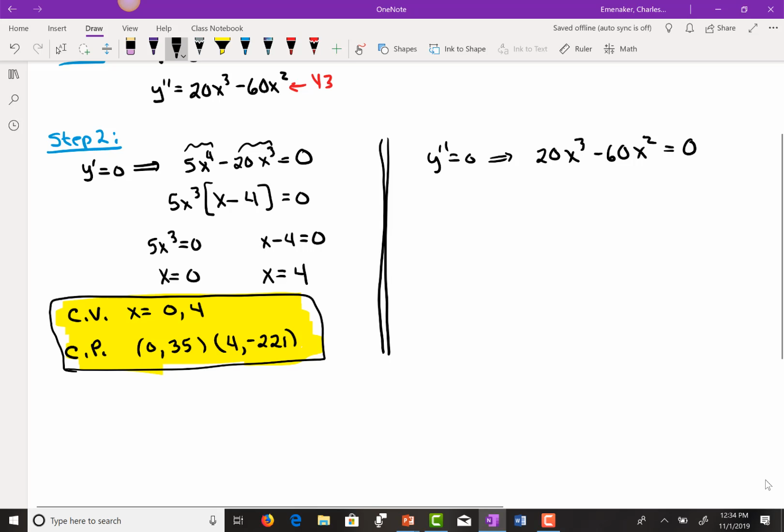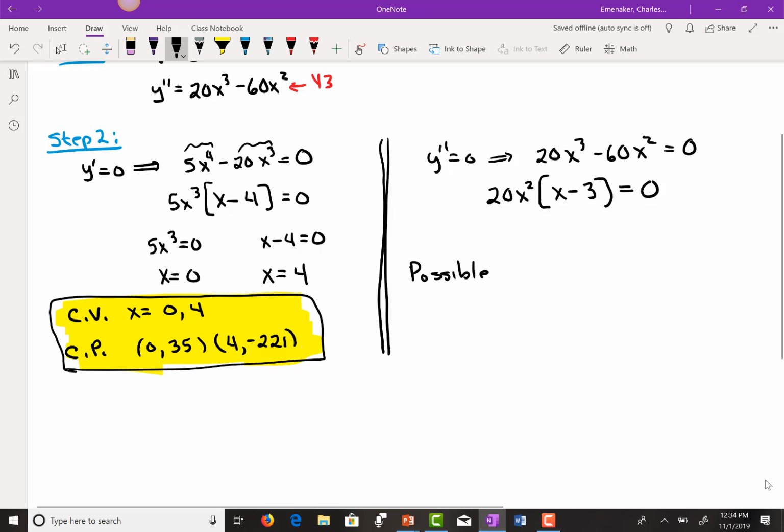Those two terms both have a 20 and an x squared in common. So we can rewrite this as 20x squared times x minus 3 equals 0. Everybody okay so far?